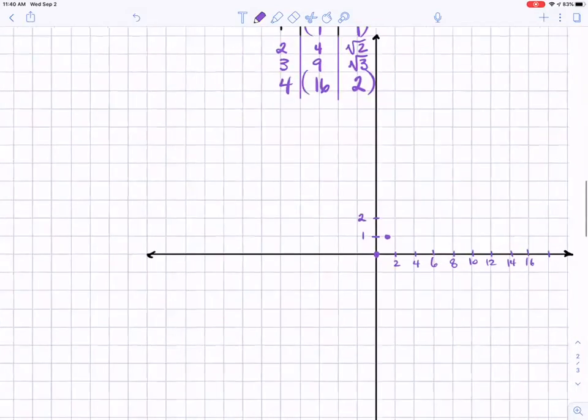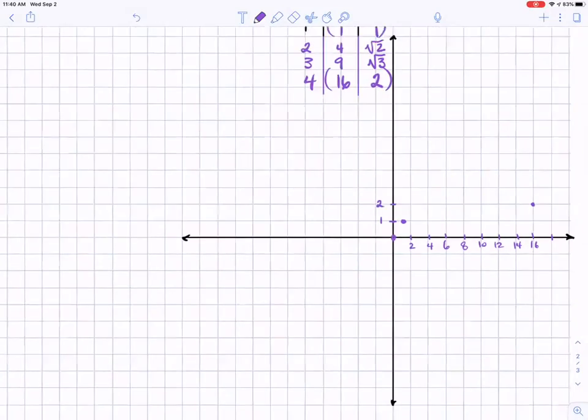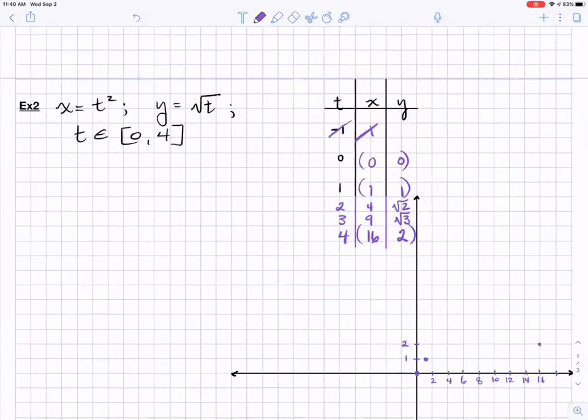And then our last coordinate is 16, 2. Would you say that that's like one straight segment? Do those line up, all three of them? I don't think so. But let's go back and let's see if we can get our equation first.